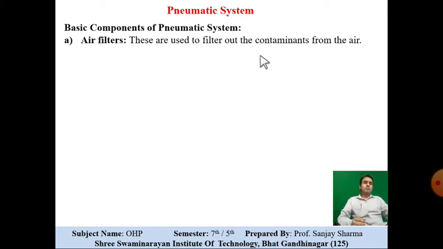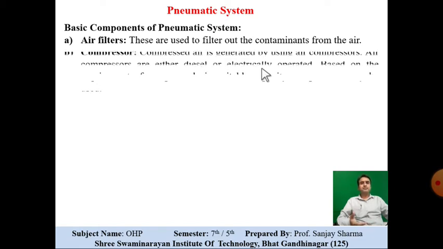So the main advantage of making the air dry is that it will not damage the further components. For example, the direction control valve and the actuator, and the life of the pneumatic system increases.